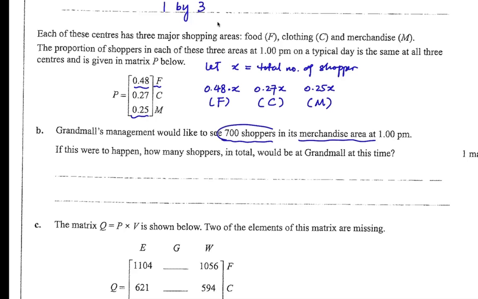They tell you there are 700 shoppers in this area, so we equate 0.25X and 700. Therefore, the total number of people will be 2,800 shoppers.